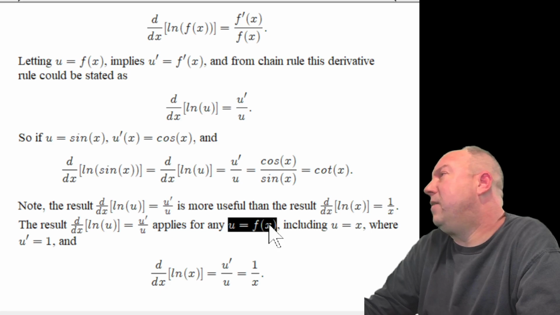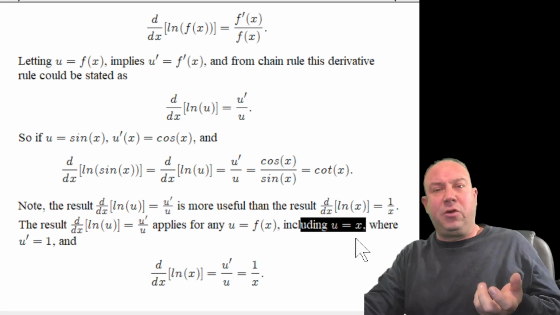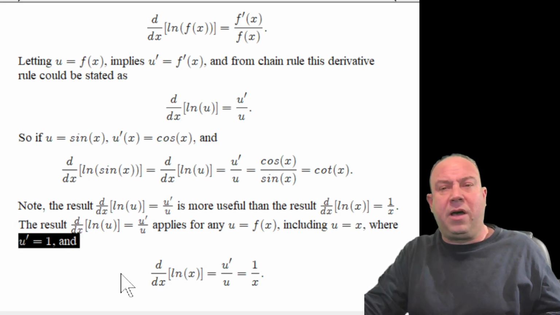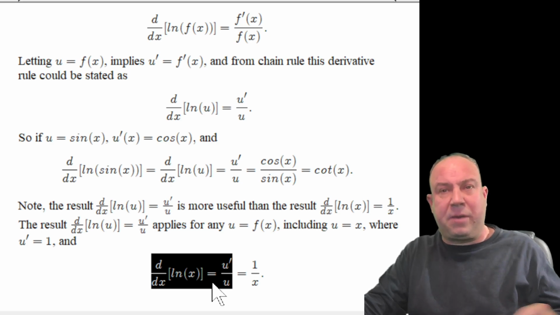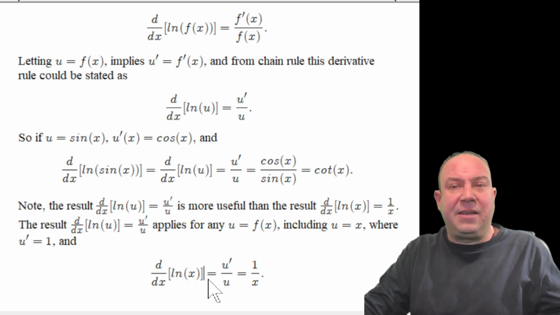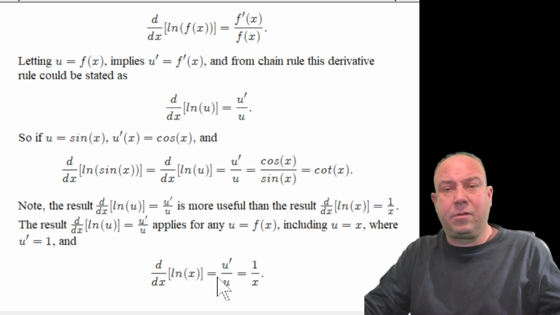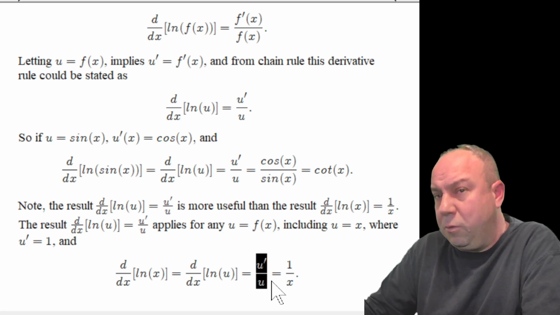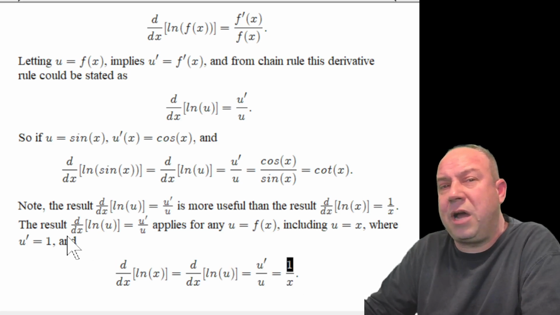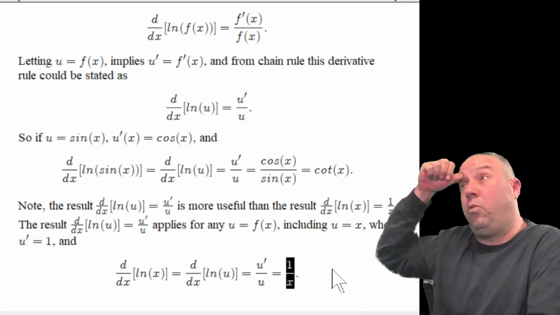This is true for any f of x, whereas then we can include the case for u equaling x, where u prime would equal 1, and we could then see within the rule itself that the derivative with respect to x for the ln of u in this case, and maybe I should bring that over, is equal to u prime over u, which in this case, because u prime is just 1 and u is x, is our understood result, 1 over x.